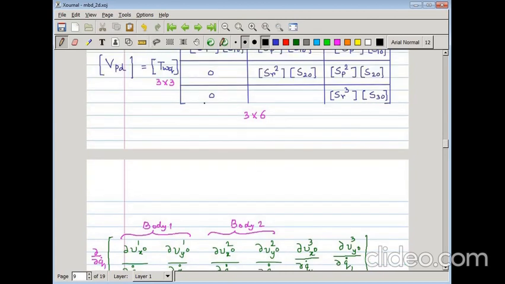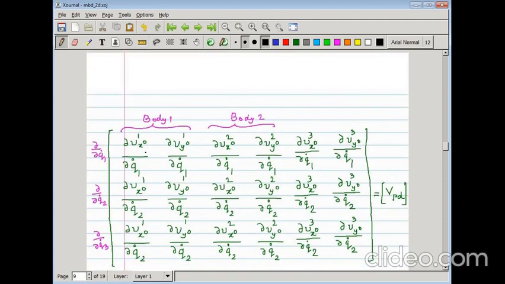So here in the first row, T omega q is 3 by 3, this is 3 by 6, so VPD is 3 by 6. So in the first row there would be the derivative of 6 components of 3 velocities, 3 center of mass velocities, body 1, body 2 and body 3 with respect to q1 dot. In the second row it will be with respect to q2 dot, and in the third row with respect to q3 dot.